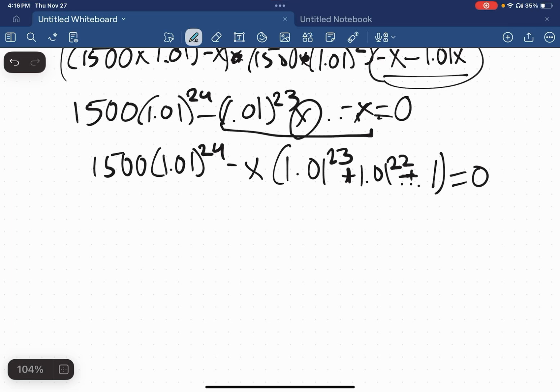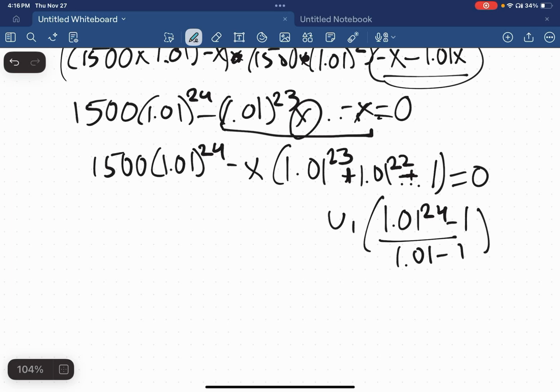The sum of a geometric sequence is given by u1 times r to the n minus 1, over r minus 1. Hold on, I'm getting lost over here. Here it's 1.01 to the 24, which is our r to the n, minus 1, and then our ratio 1.01 minus 1. 1.01 is our ratio in all of this, I should say.